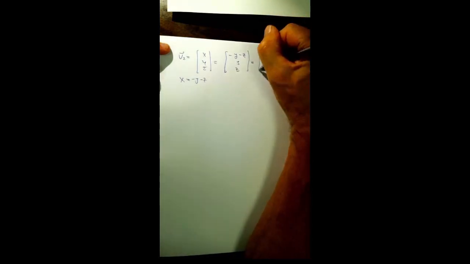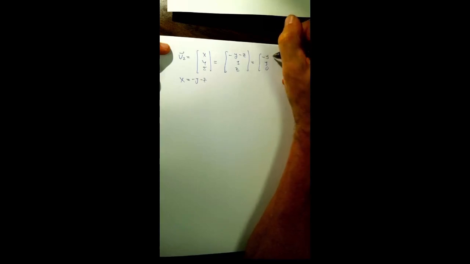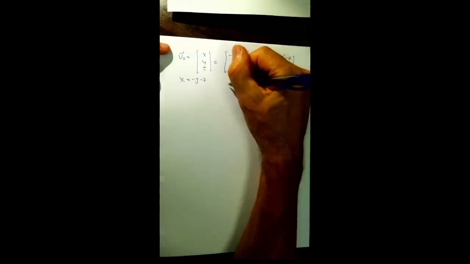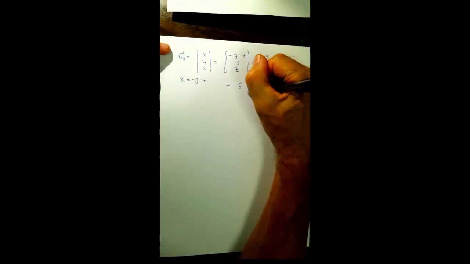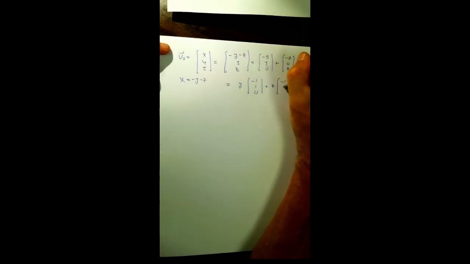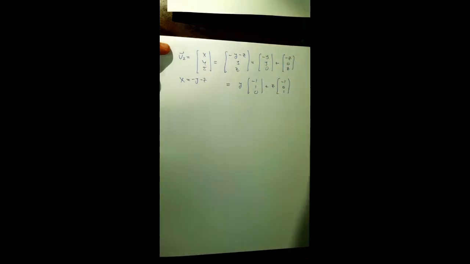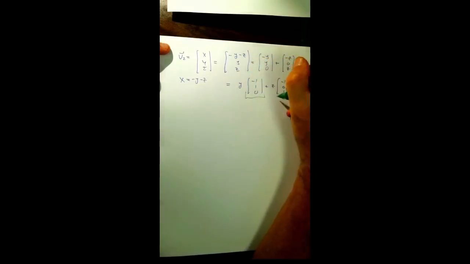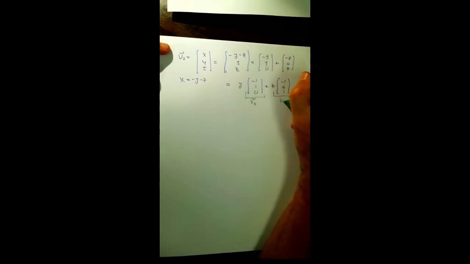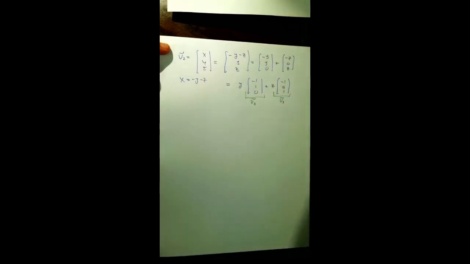So if I separate these, so anything with a y is in one, anything with a z is in the other. So this is y times minus 1, 1, 0. Plus z times minus 1, 0, 1. So notice now I've got two options here. So there's really two eigenvectors. This would be v2 and this would be v3.